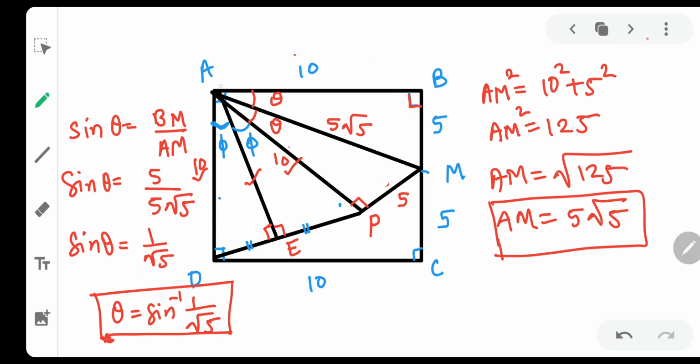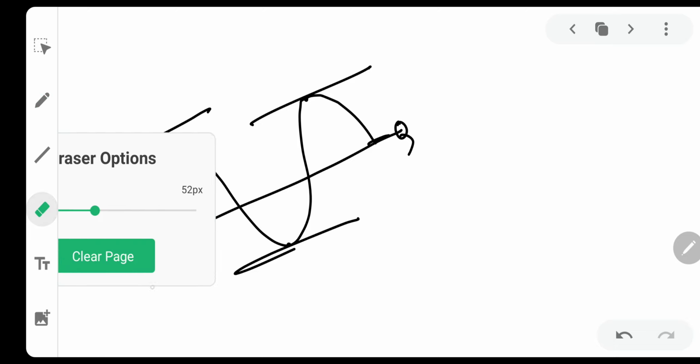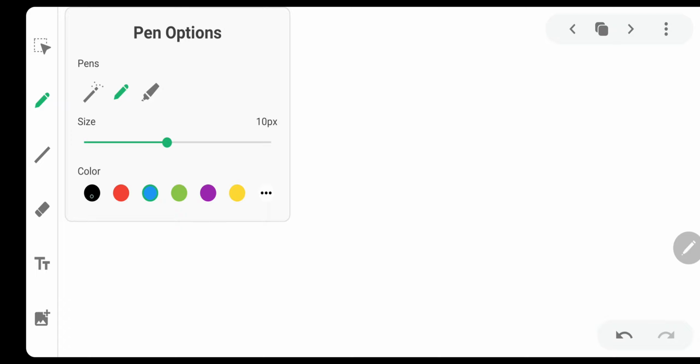Now if you consider triangle AED, can I get sine of phi? Yes, definitely I can get that. Sine of phi will be opposite upon hypotenuse, and opposite is DE and hypotenuse is 10. Okay, so sine of phi is equal to DE upon 10.